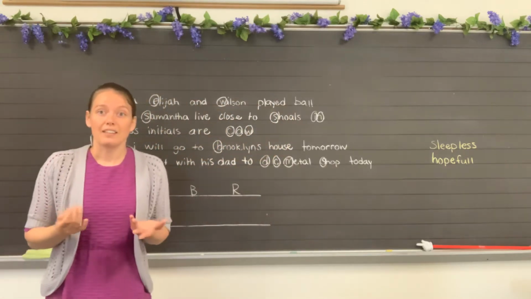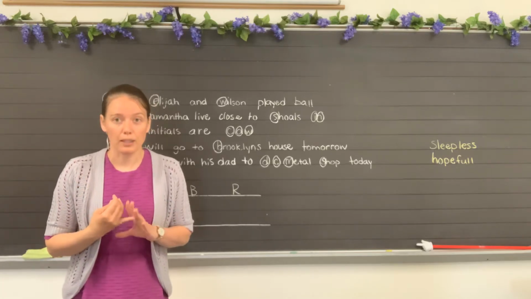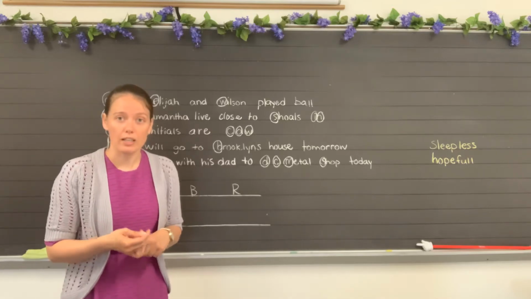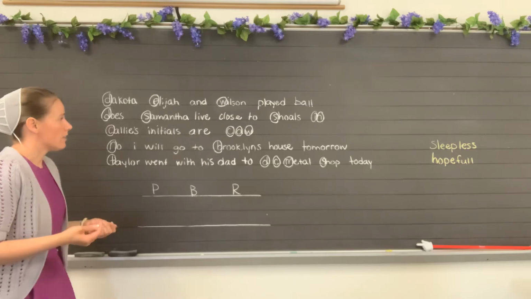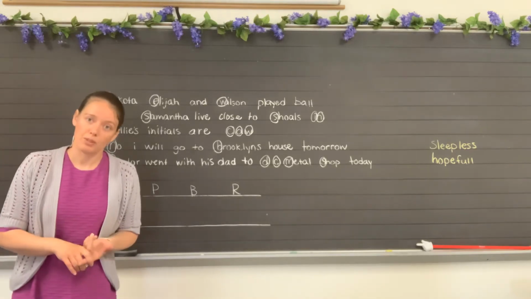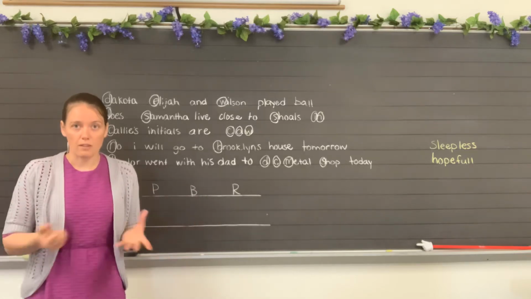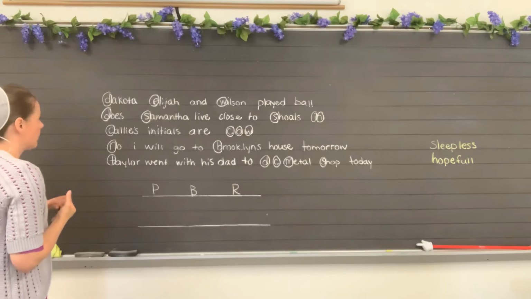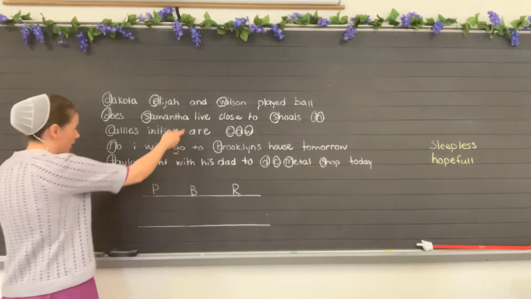Okay, so let's now do your punctuation. In part B of your lesson today, you have to put your punctuation in. Let's look at the first sentence here. You have a series. Now you need to put commas between items in a series. We learned that already. If you have a group of things, you need to put a comma after the words just before "and."